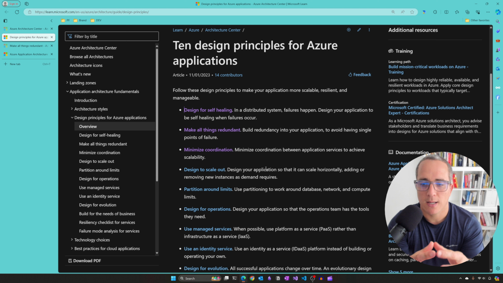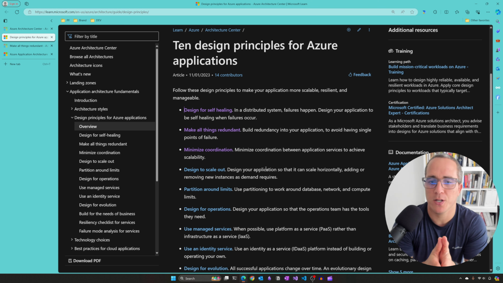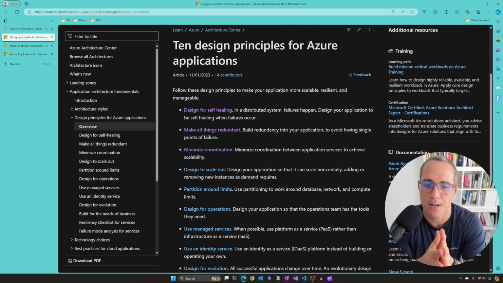Why? Because you can take these principles and use them in any other cloud provider and any application, and they will help you understand how the design you make can impact one of the most important things you must watch out for when you're starting, which is cost.